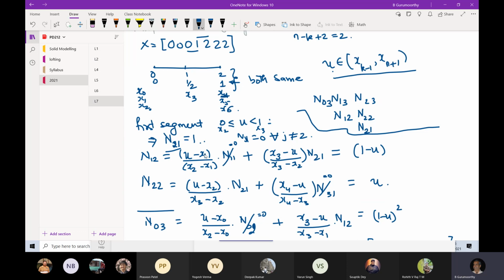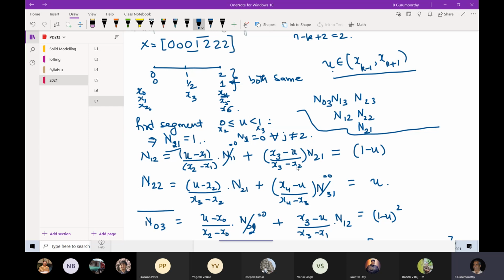So u minus x_i is 1, i plus k minus 1 is 2, and x_i and N11. But this is 0. So therefore, I don't have to worry about evaluating this side. I go to the next term, which is (x_{i+k}, which is 3, minus u) by (x_{i+k} minus x_{i+1}).